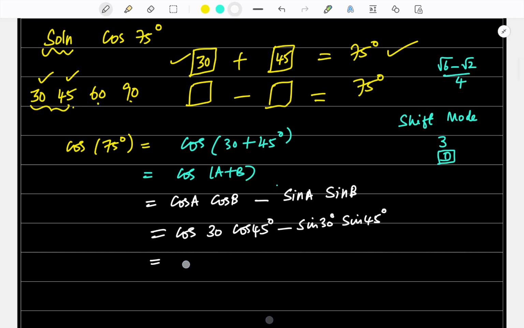You get the answer root 6 minus root 2 divided by 4, the same answer you got here.